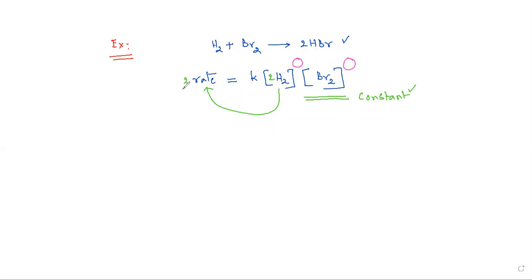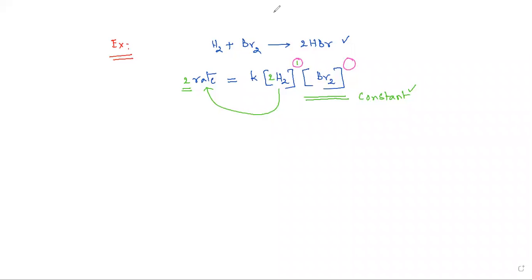If the rate is doubled as well, the power here can be written as 1.